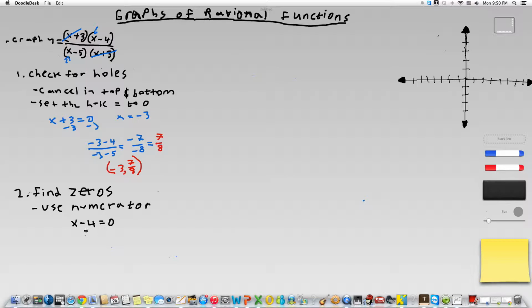We could add 4 to both sides. So we have x equaling 4. So our coordinates here would be (4, 0). And for the zeros, the y-coordinate always stays at 0.